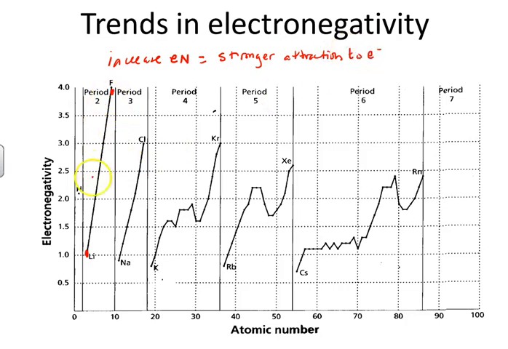So fluorine has a stronger attraction to valence electrons of other atoms than lithium does. Sodium has less attraction to valence electrons of other atoms than chlorine does. You'll notice that the elements like fluorine and chlorine are very highly electronegative, meaning that they have a tendency to not just be attracted to electrons, but even steal electrons away.